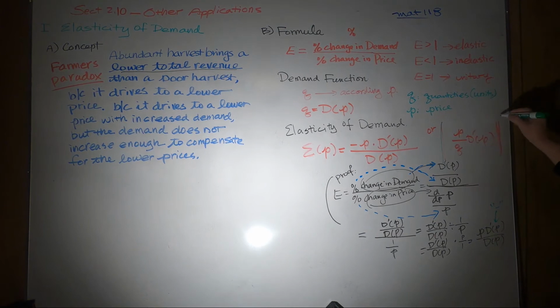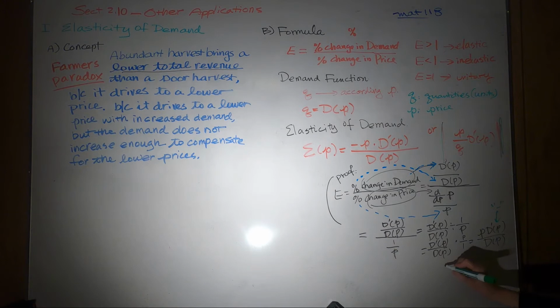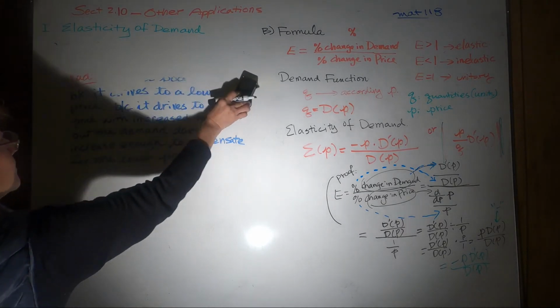So we either use what? Absolute value, or we might write the negative d prime P, then put the negative there, so the answer becomes positive for us to calculate. Okay, so that's how the elasticity of demand formula is that way.